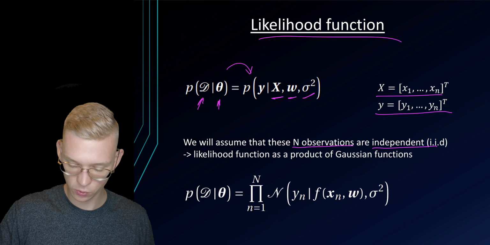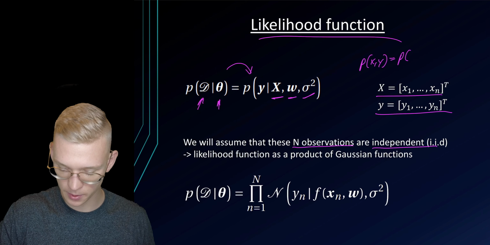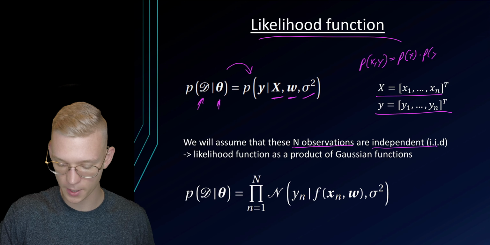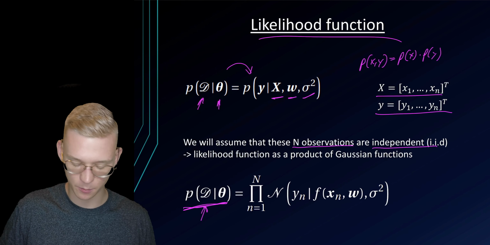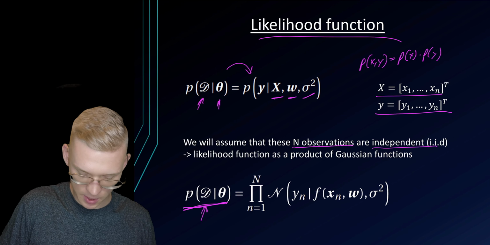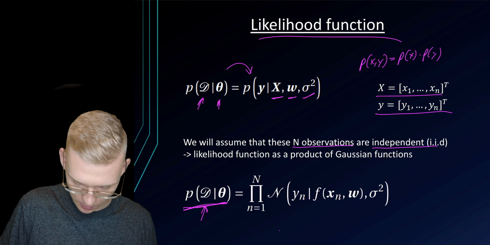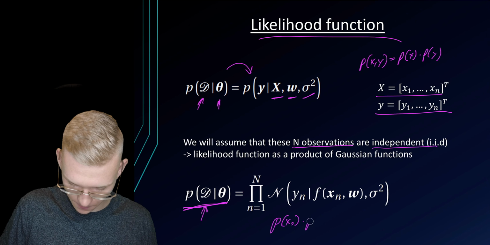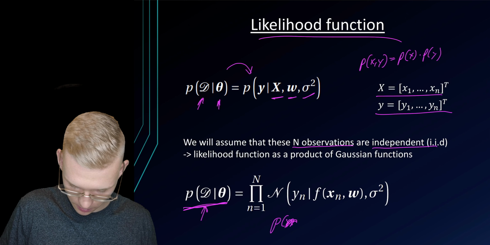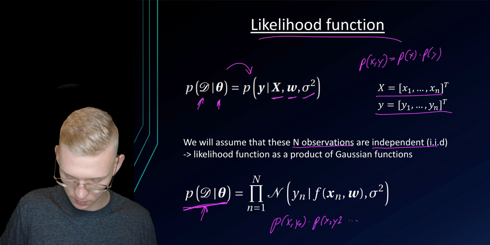And if this is true, so if they are independent, we have the probability of x and y equal to the probability of x times the probability of y. We can say that the probability of the whole data is the probability of each event multiplied with all the other events. So this is the probability of x1 y1 times the probability of x2 y2 and so forth.